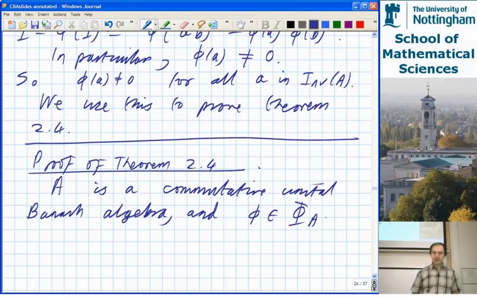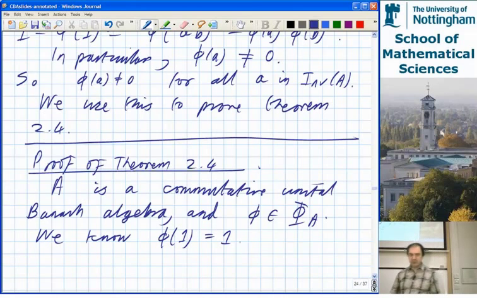So phi is a non-zero multiplicative linear functional. We know phi of 1 is equal to 1. That's a good start. So that's going to tell us, once we've shown that phi is continuous, that the operator norm is at least 1. So we can prove the rest of it if we can only show that the modulus of phi of a is always less than or equal to the norm of a for every a in the algebra.